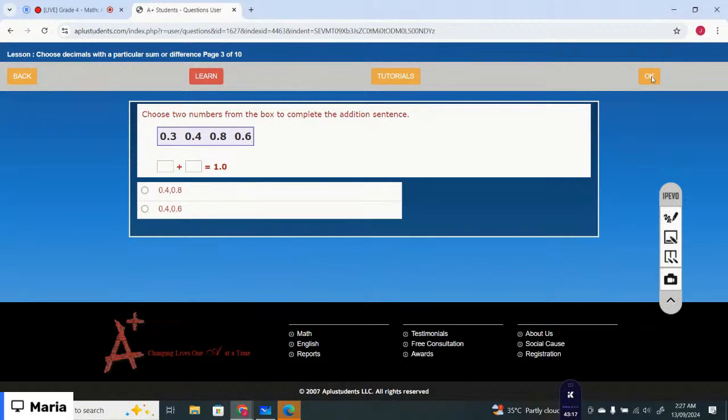That is 0.6 plus 0.4, right? When you add, that is 1.0. Option number 2 is the correct option. Very good. That is 0.6 plus 0.4. Option number 2 is the correct option.